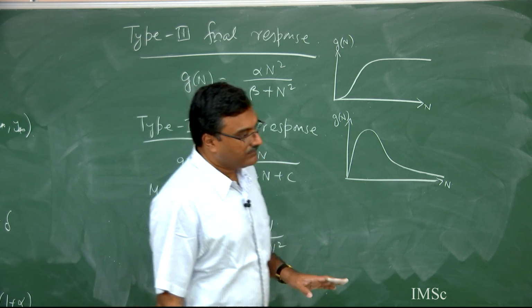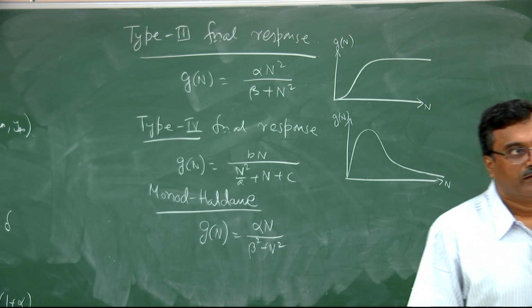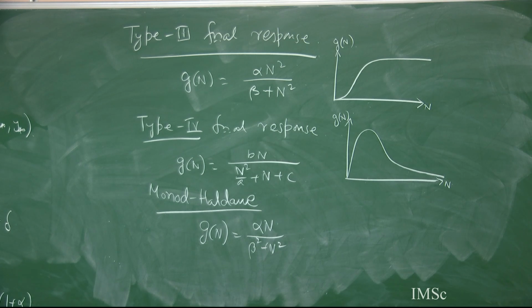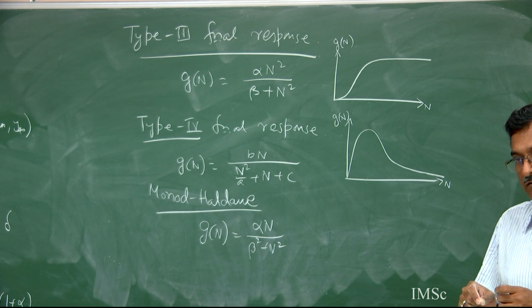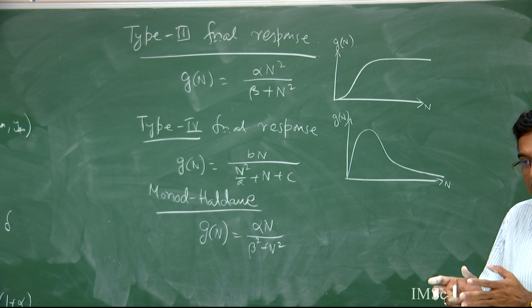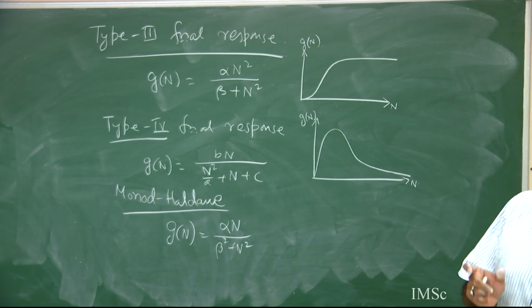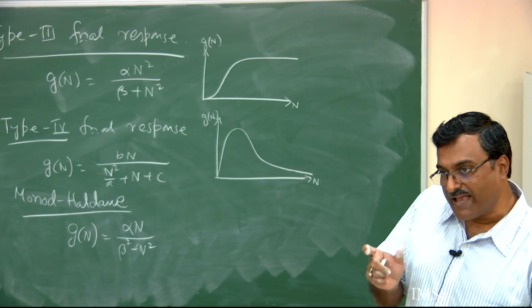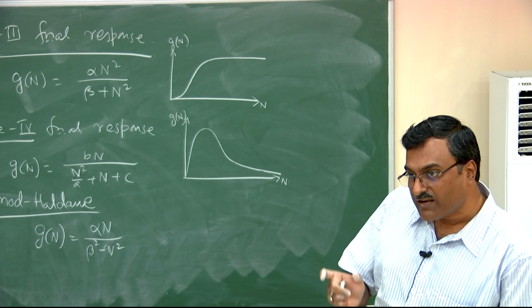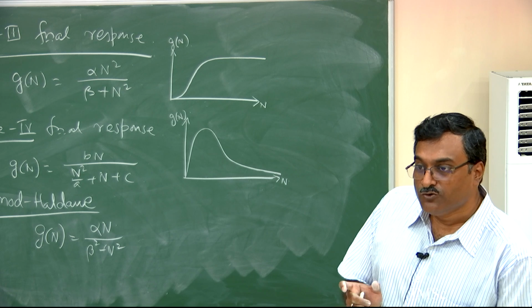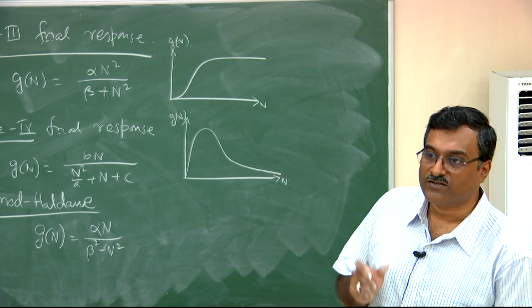And finally, I just mention that it is not the general idea that all the time functional response should be a function of prey population only. Rather, if we assume that functional response is a function of prey population only, this is again another special class of prey-predator model that is known as prey dependent functional response.